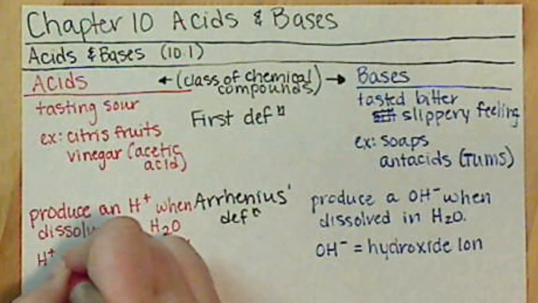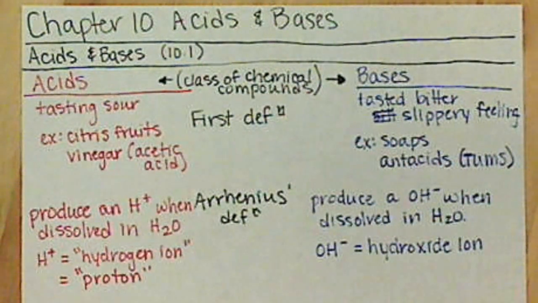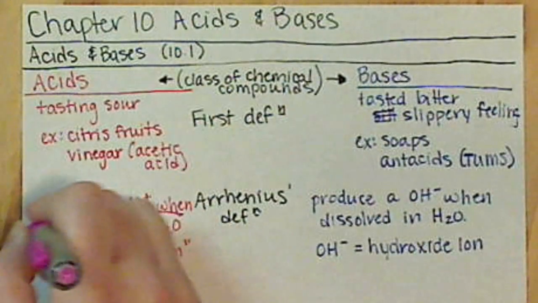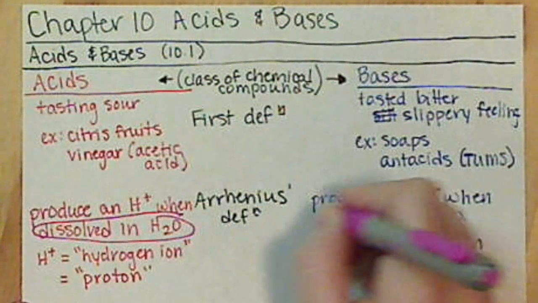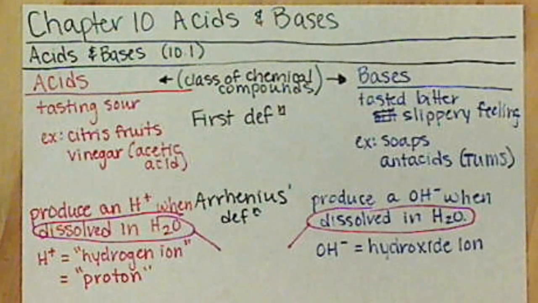So a lot of times we just call this a proton. Now, one of the key things to this definition that I want to point out here is that in order to have an acid or a base, we have to be dissolved in water.